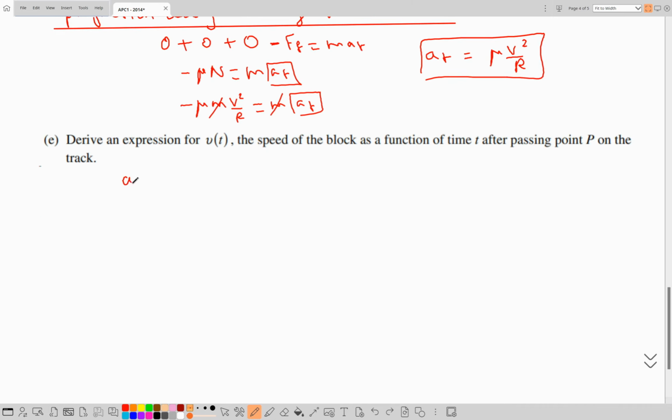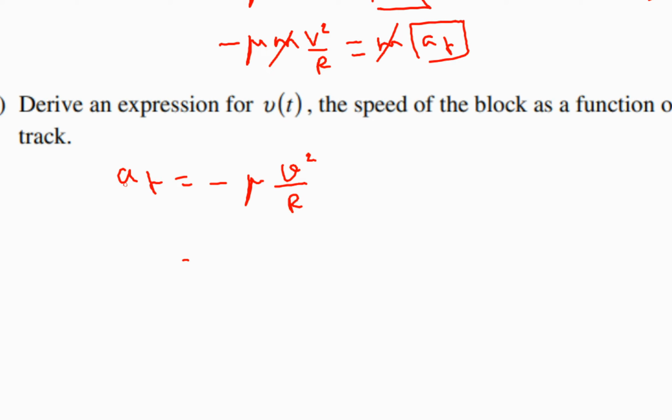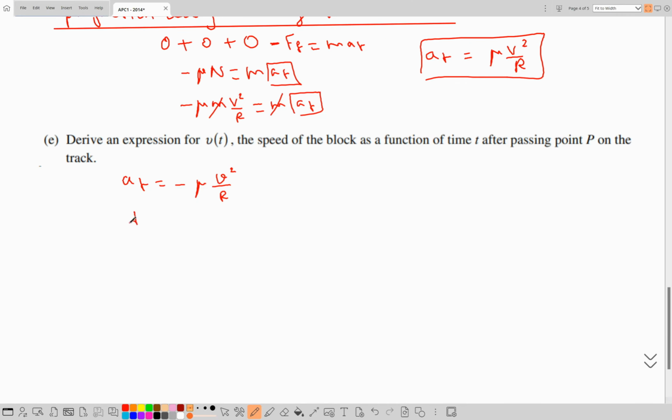So let me say that a tangential is given by minus mu v squared divided by r. Now here we have two accelerations, a_c and a_t. Remember, this one is due to variation in direction, and this one is due to variation in speed. For this reason, a_t can be written as dv by dt. Then dv by dt is given by minus mu v squared divided by r.